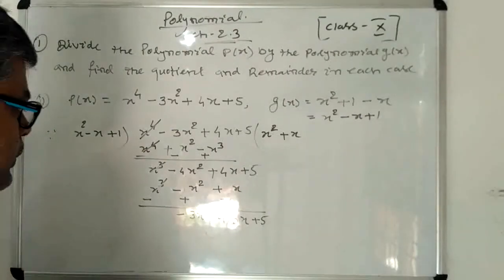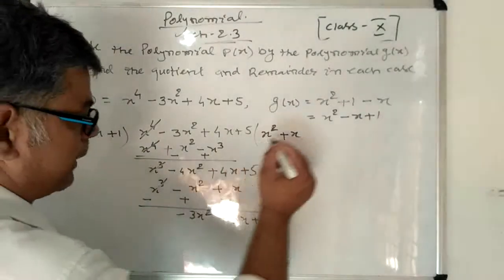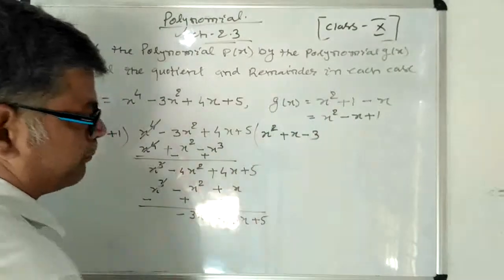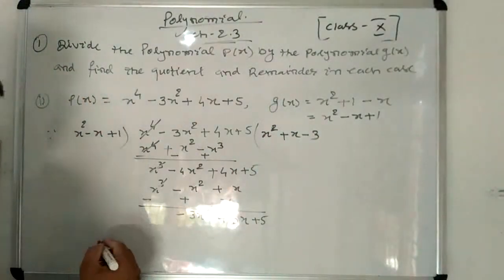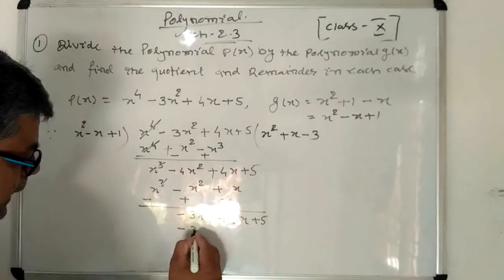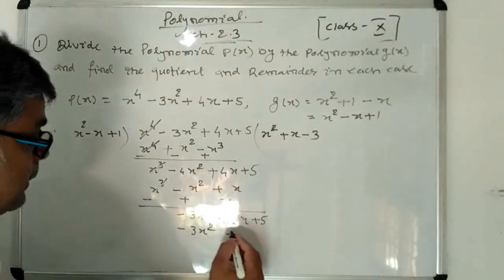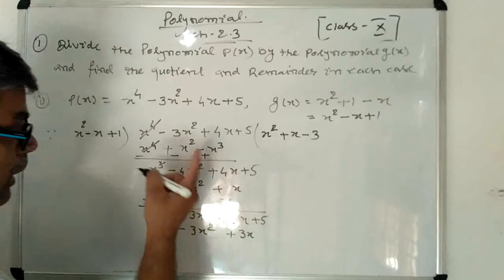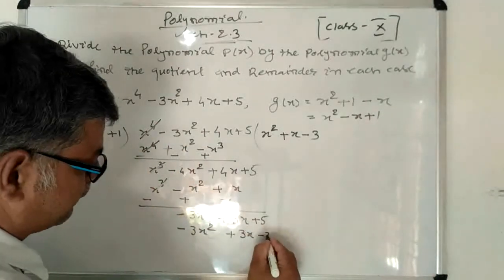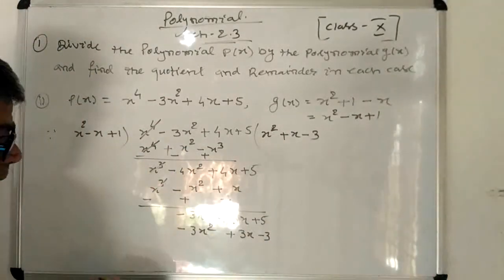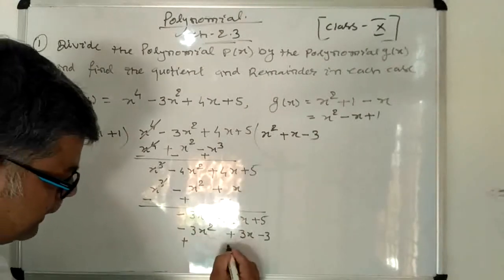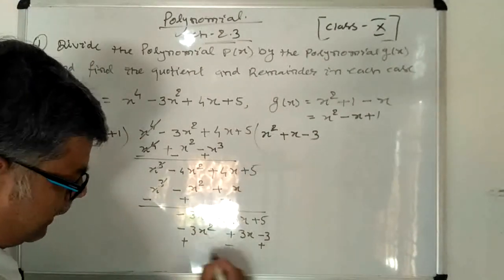Simply, you have to multiply it by minus 3. So multiply by minus 3, so it will be minus 3x square, minus minus plus 3x, and plus minus minus 3. So again you change the sign, so it will be plus, it will be minus, it will be plus.